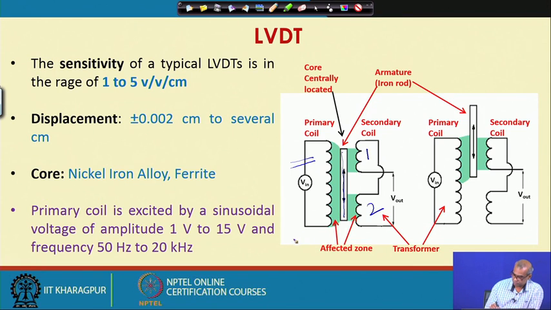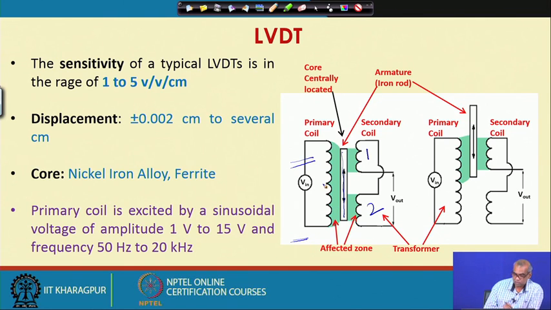In this figure, this soft iron core is centrally located. So, the coils are equally affected.